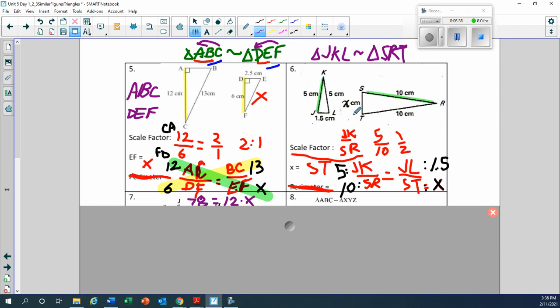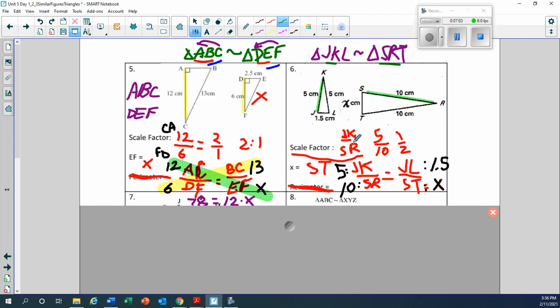Since these two triangles are similar, what will happen now is the following. For your scale factor, we need something that has both numbers. So we see JK has a number. There's SR, which is the corresponding side. Does that also have a number? Okay, it does. This can work.